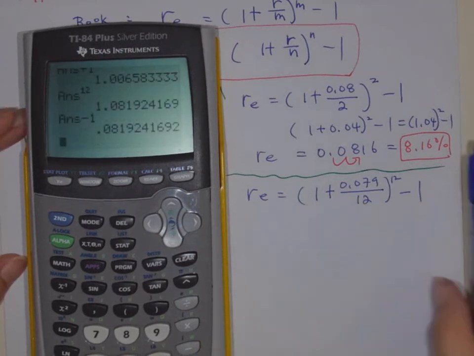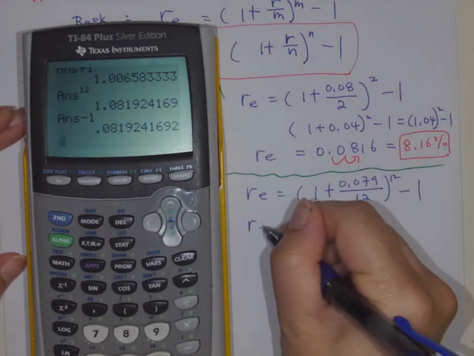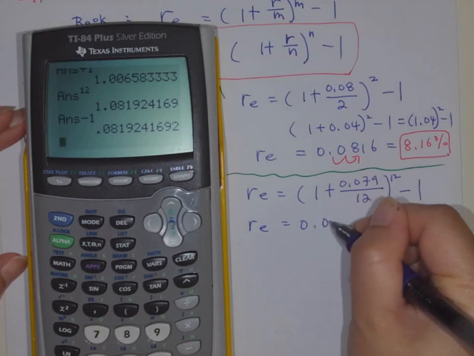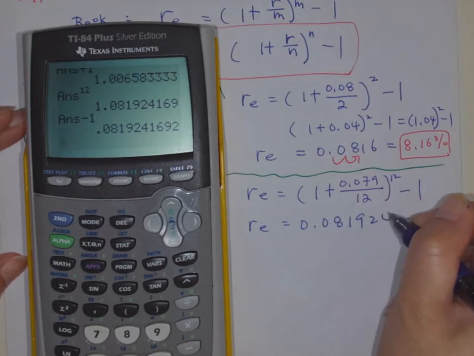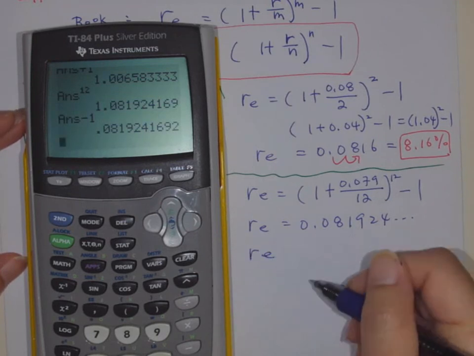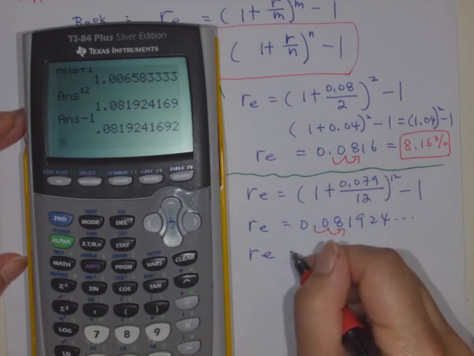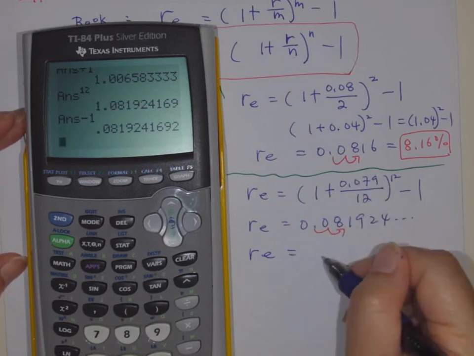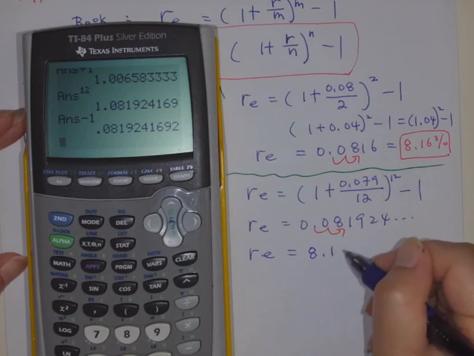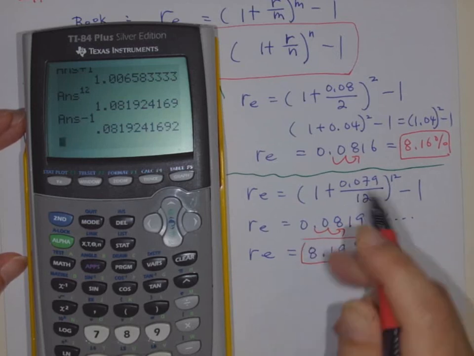So the effective rate for this one should be 0.081924 something, right? Because that's the interest rate, we need to convert that to a percentage. So move 2 decimal places. We got 8.19% for the internet bank, right?